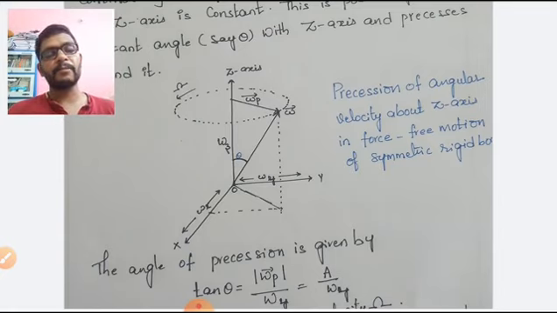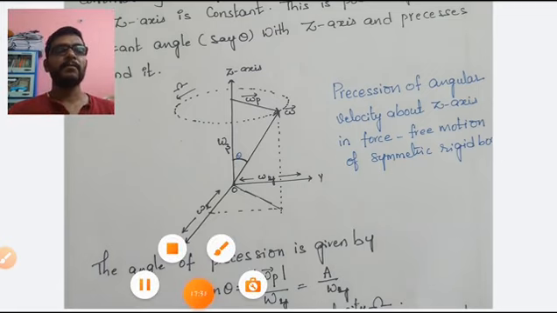If the top rotates about its own axis, that motion is called spinning. Otherwise, if the rotational axis of the top itself rotates about the vertical line, then it is called precessional motion. But here precessional motion is linked with the spinning motion.